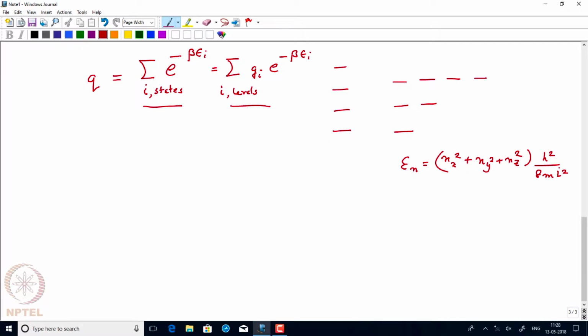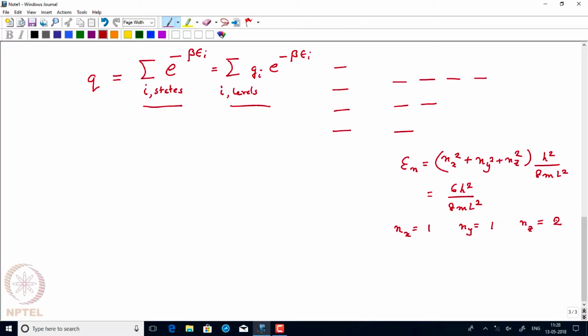Now the interesting thing is that suppose we take an energy level, let's say 6 h squared by 8 m L squared. How many states are there at this energy level? We can see that there are three states. Why? Because I can choose n_x equal to 1, n_y equal to 1, and n_z equal to 2.